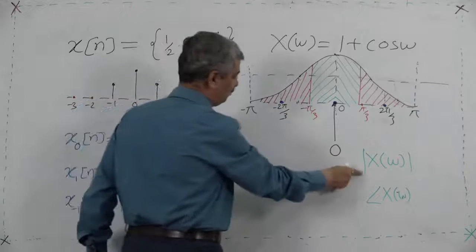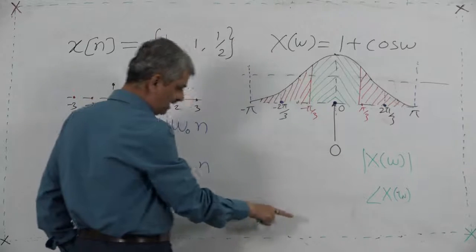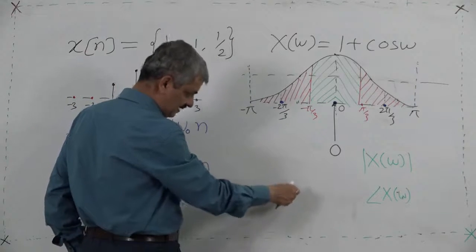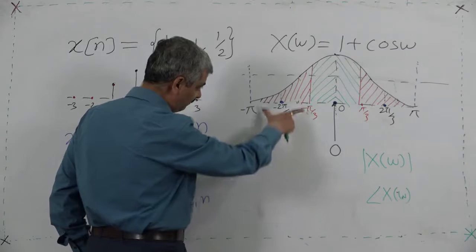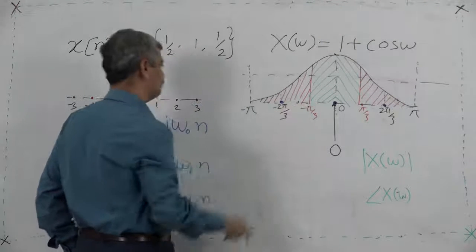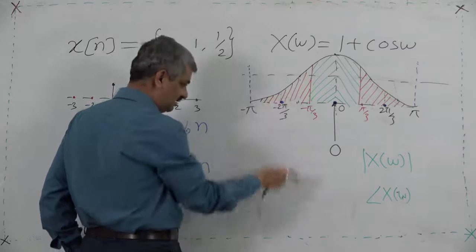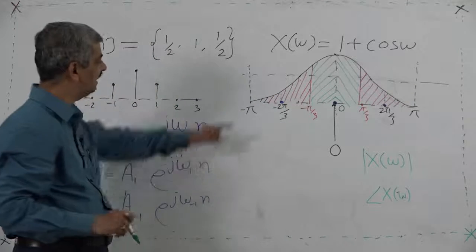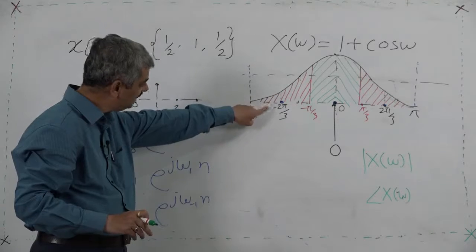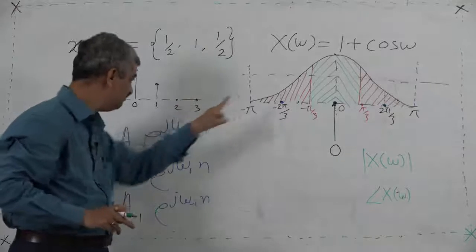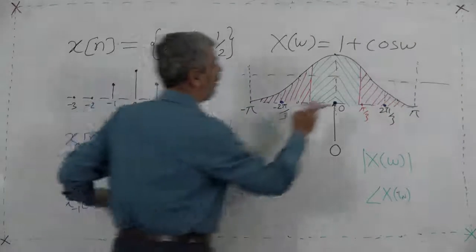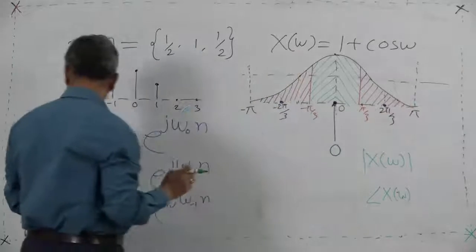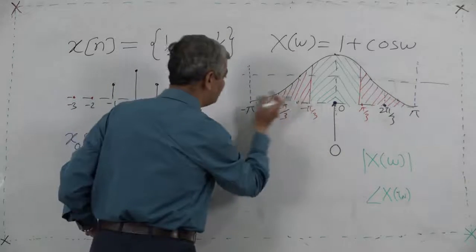For amplitude you take the area, and for the average angle you take the average of the angle over this entire range. So, here you take the sum, there you take the average. So, this is the area of the middle strip. This A1 is the area of this strip, and this A minus 1 is the area of this strip.